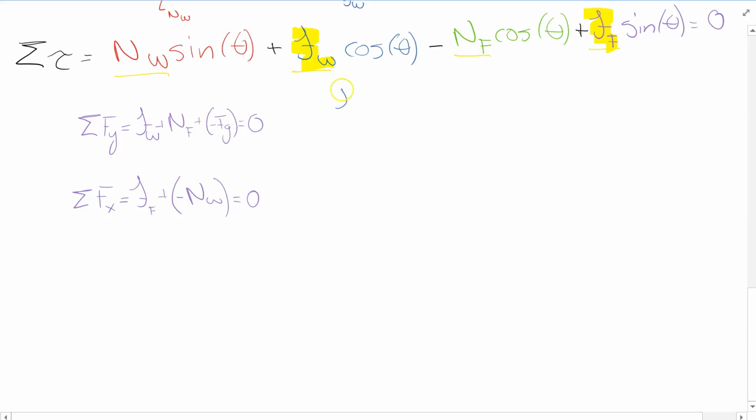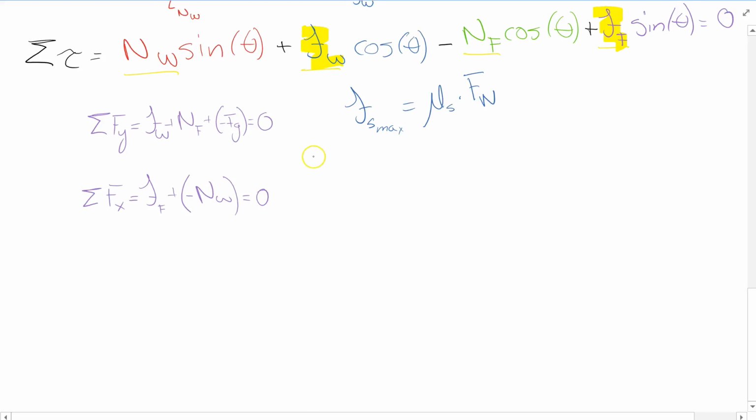Remember that friction static max equaled the coefficient of static friction times the normal force. So we could combine that with these two forces, and we could say that the friction from the wall will equal the static friction coefficient from the wall times the normal force of the wall.